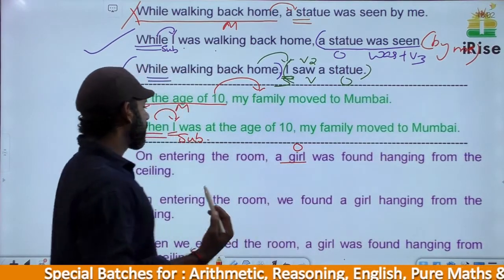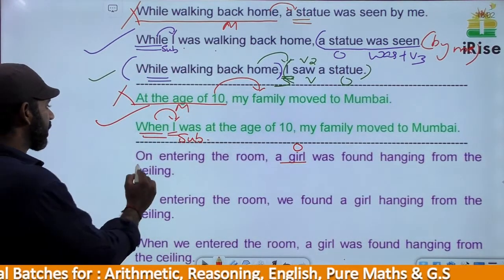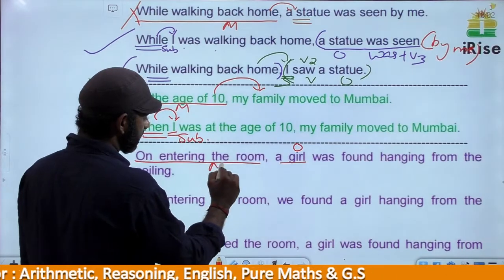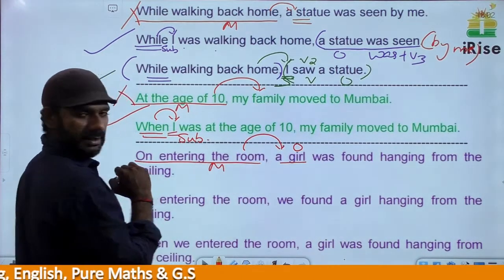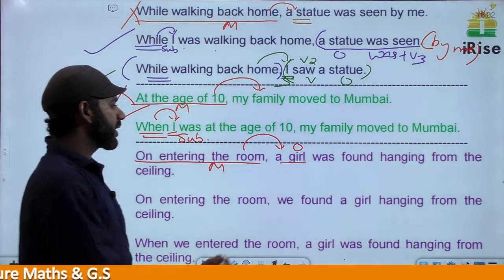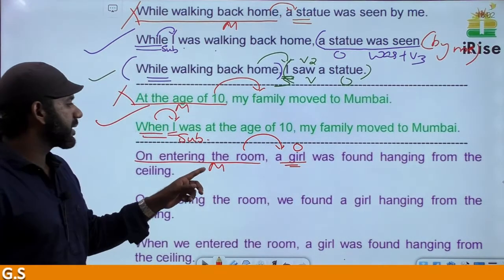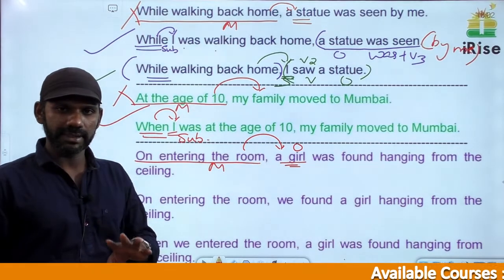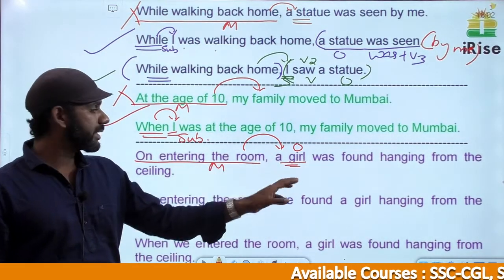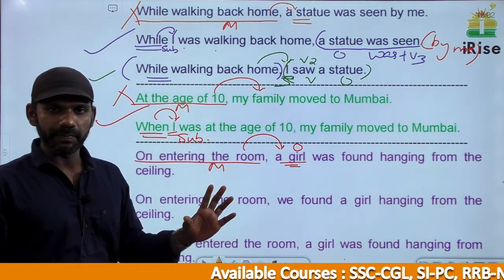The modifier, the subordinate clause here, is on entering the room. This modifier comes very close to a girl. That means the modifier is modifying a girl. So on entering the room, a girl means a girl was entering the room. Clear?